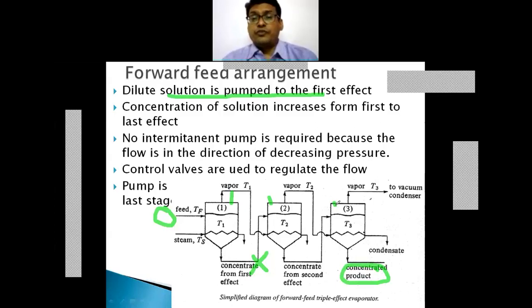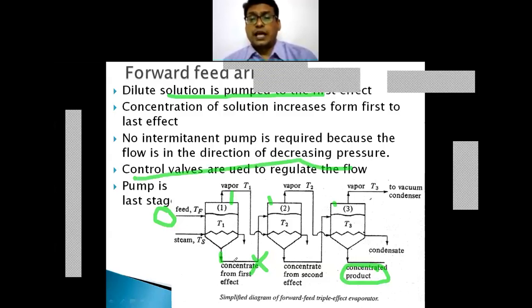Now one has to think of how the flow will be controlled. For that purpose, control valves are used to regulate the flow. So in this line, instead of putting a pump, one can use a control valve, which is going to control the flow rate of the fluid going into the next effect.